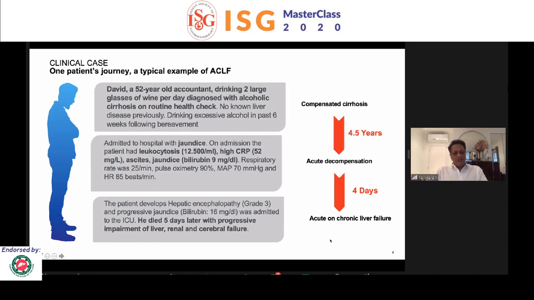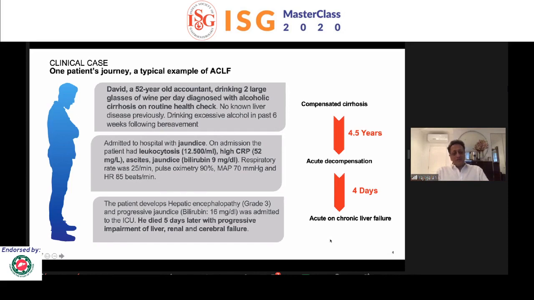He drinks 2 large glasses of wine a day, and he was diagnosed with alcoholic cirrhosis following a routine health check. He has no known liver disease previously. Following a bereavement, he's been largely abstinent, but for 6 to 8 weeks he goes on a bender following a bereavement in his family. And this is what brings him to the hospital.